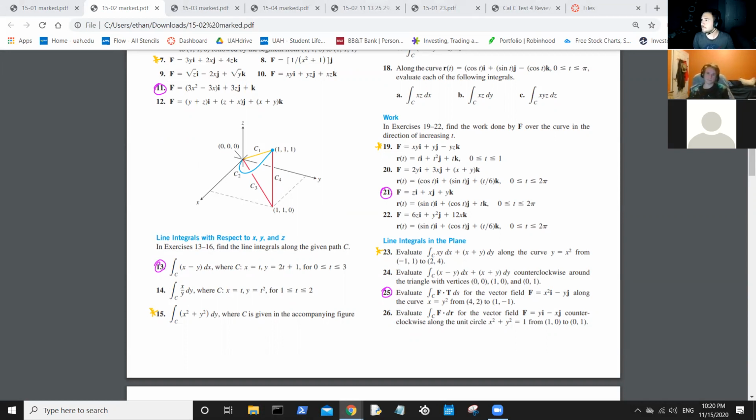All right, let's look over here now. All right, I found an example of this. So let's see how this is done. Work is defined as the integral over a curve of f times, what is that? D what?